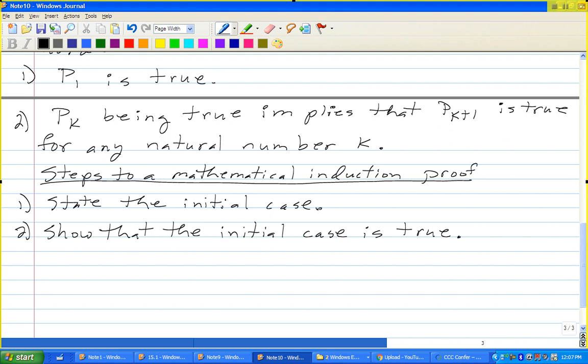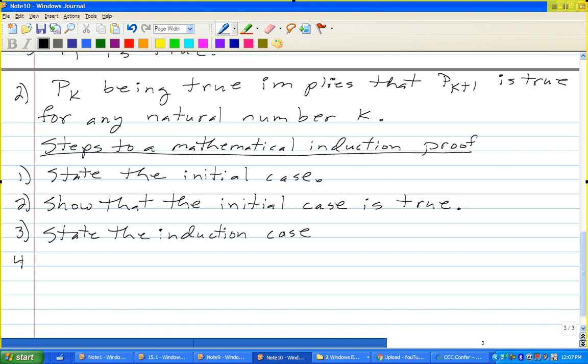Okay, so now you're showing that P_1 is true. Three, state the induction case. So P_k. So state P_k.